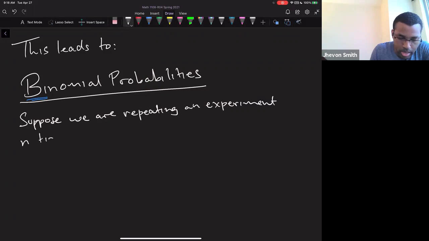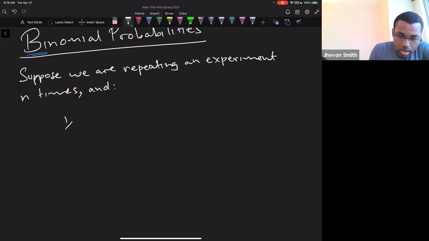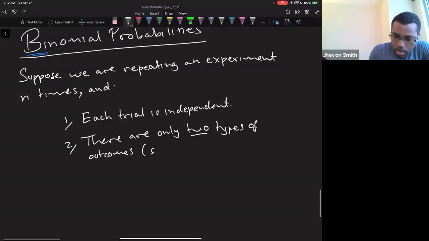Suppose we're repeating an experiment n times, and we have these 3 conditions. 1, each trial is independent. 2, there are only 2 types of outcomes: success or failure.